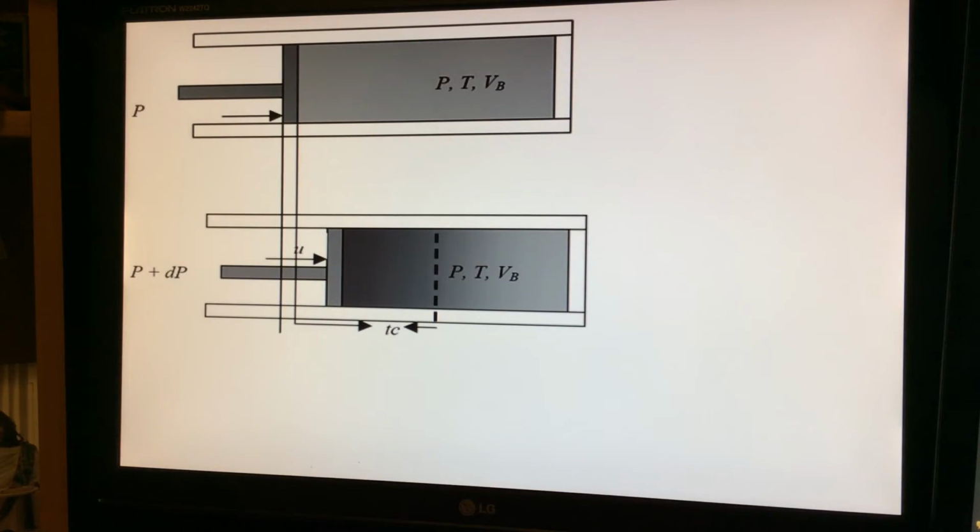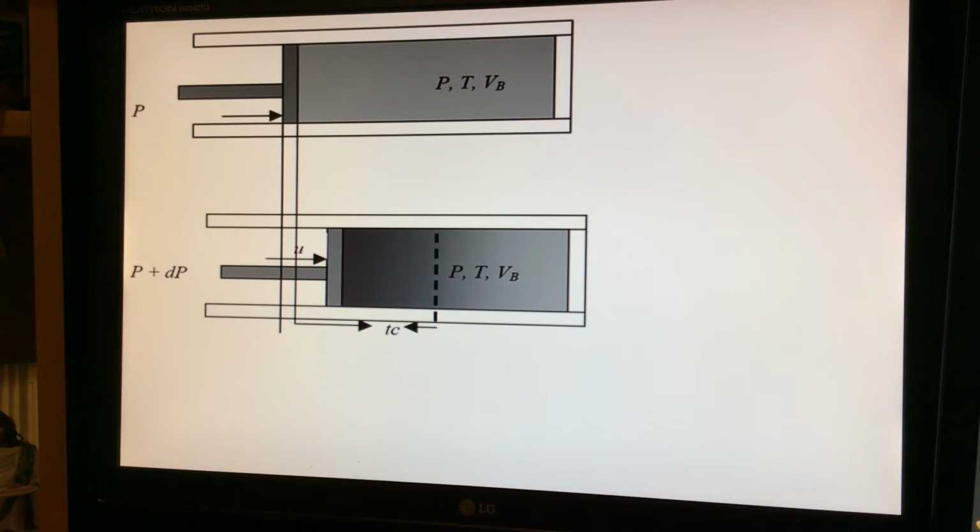Our goal here is to derive the equation. How do we derive it? Consider a tube with a cross-sectional area, filled with air, for example.